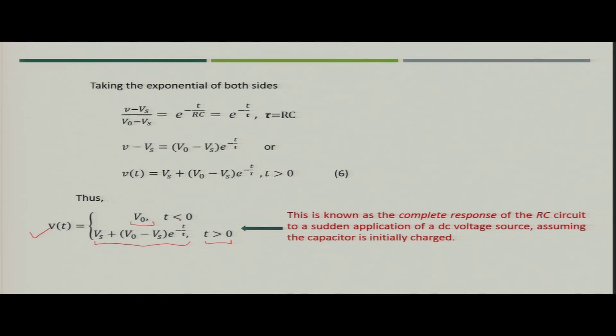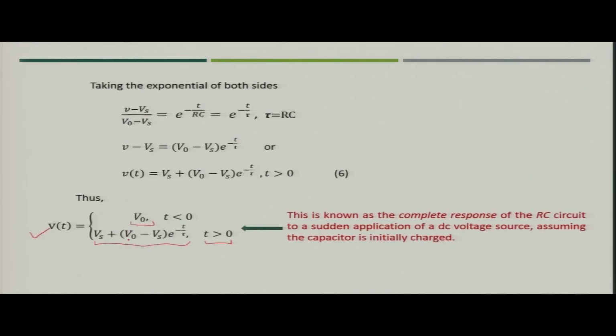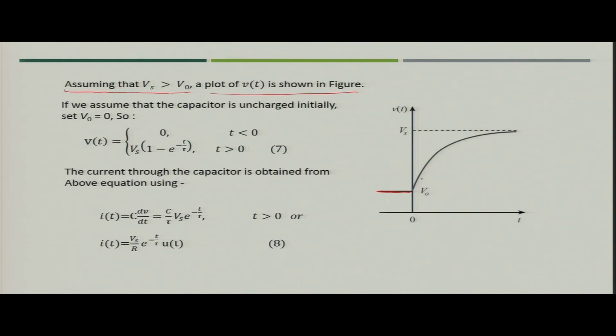When we plot the curve for t just before 0, we keep the voltage as V naught, and after that it is V s plus (V naught minus V s) into e to the power minus t by tau. If you keep on putting the values of various t, that is time, as 1, 2, 3, you will get the curve which would look like as shown in the figure.